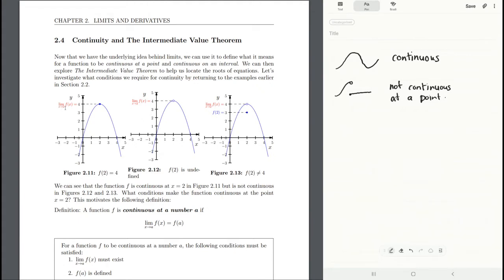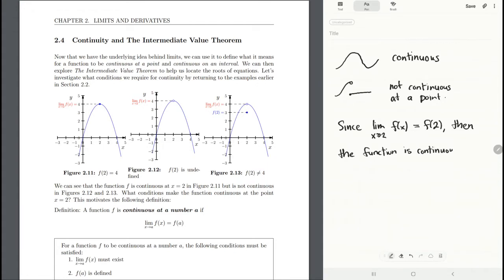We also see that the two-sided limit as x approaches 2 is also equal to 4. So the two-sided limit as x approaches 2 is equal to the function value where x equals 2. And so since the limit as x approaches 2 of f of x is equal to f of 2, the function is continuous at the point where x is equal to 2.